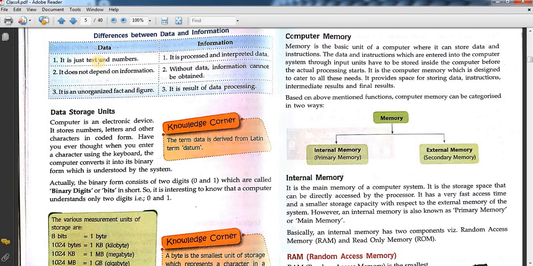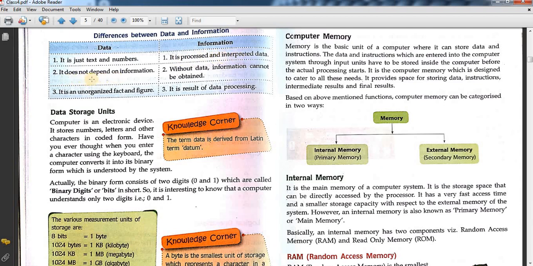So we are giving text or numbers. In this case these are numbers. But what is information? Suppose we want to add these two numbers, 2 and 3. The final output will be 5. It is processed from the given input. That's why it is known as processed or interpreted data.